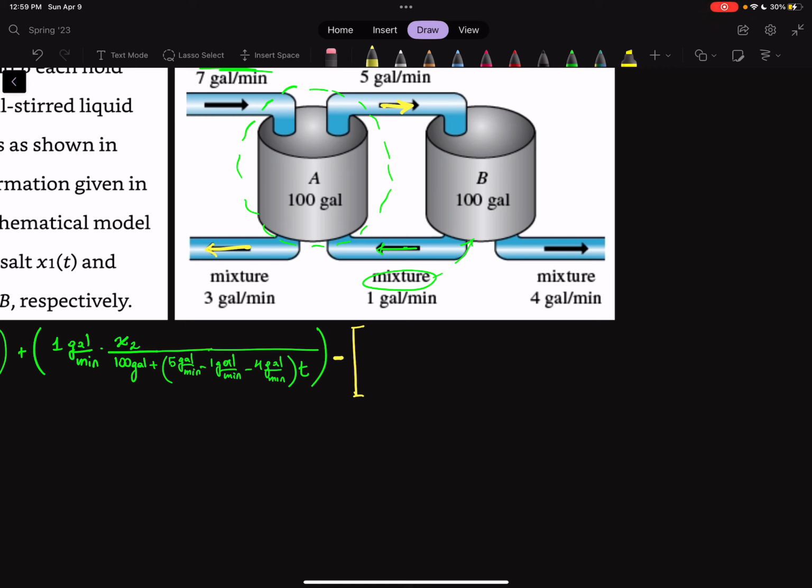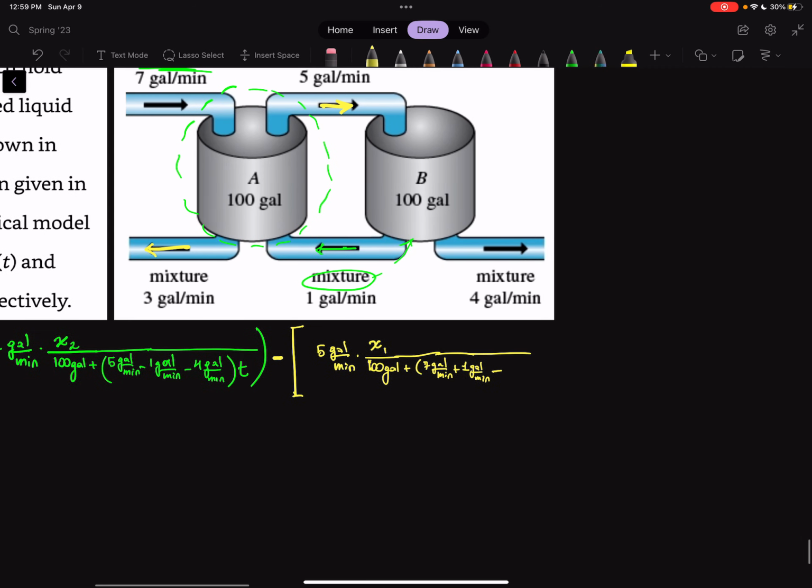From the top, we have 5 gallons per minute going out at a concentration of the stuff that's in A, so the amount of salt in A, which we denoted as x1, divided by 100 gallons initially, plus all the stuff that gets in, which is 7 gallons per minute, plus from the bottom 1 gallon per minute, minus the stuff that's coming out, which is 3 gallons per minute, and minus 5 gallons per minute.